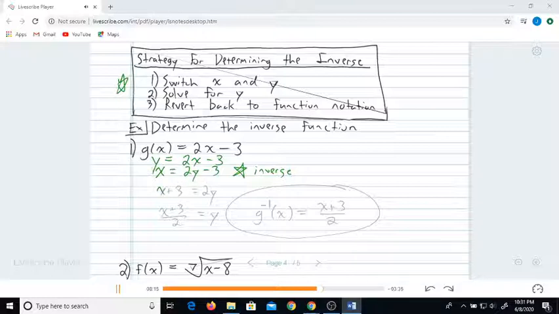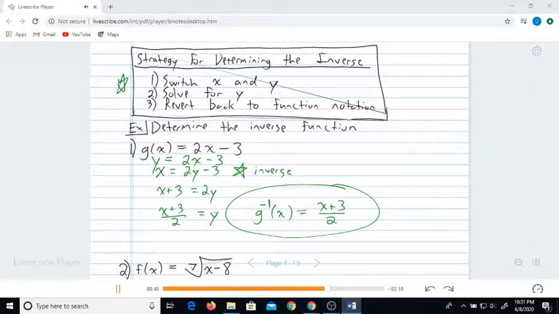So you can add 3 to both sides, divide by 2, and there we have it. That's the inverse of g, denoted as such. It's x plus 3 over 2. All done.